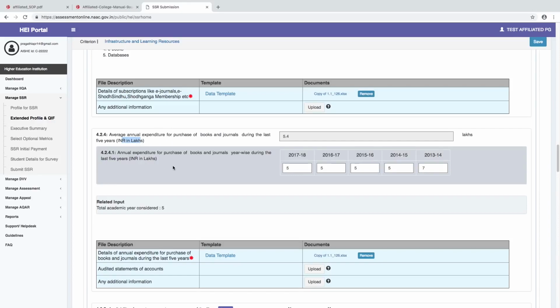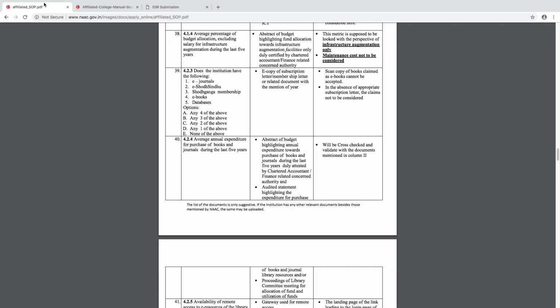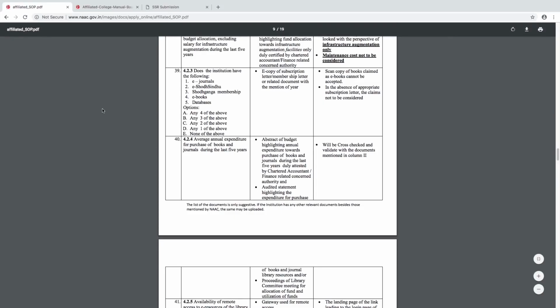Hence, the value has to be converted to lakhs for each year, and the breakup being sought is for the financial year, that is March to March of 17-18, 16-17, 15-16, 14-15 and 13-14. We request you to please go through the SOP for this. For example, for the same case, we would require an audited statement highlighting the expenditure for the purpose.